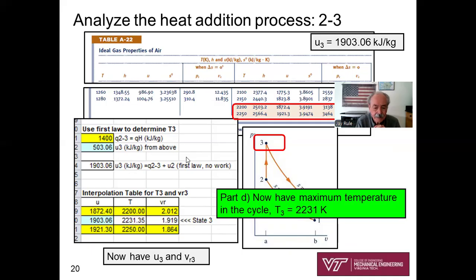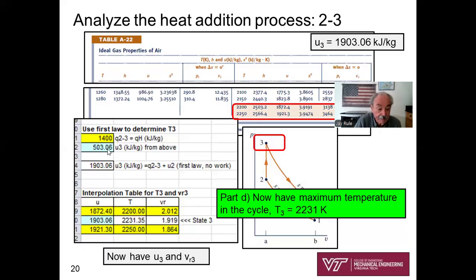And so I can solve for U3. If I write the first law from process 2 to 3, do you see that I can solve for U3? It's the only way I can approach it because Q from 2 to 3 is given, 1,400 kilojoules per kilogram. Work is 0. I'll solve for U3.